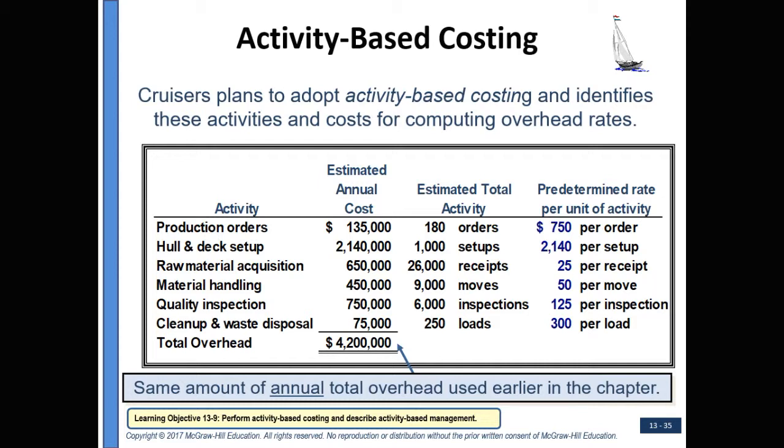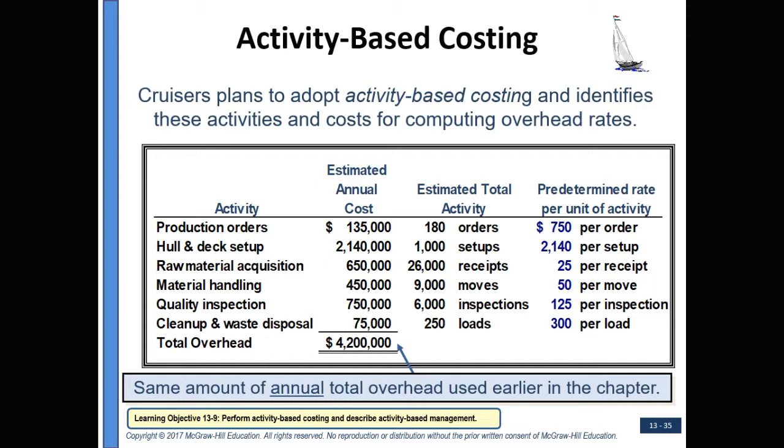So they identified some specific activities and costs related to their overhead rates. In the production orders, the driver there is the order itself. In hull and deck setup, the driver would be how many times do we have to set it up.